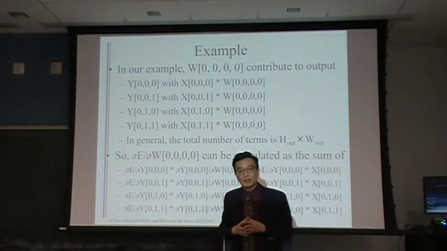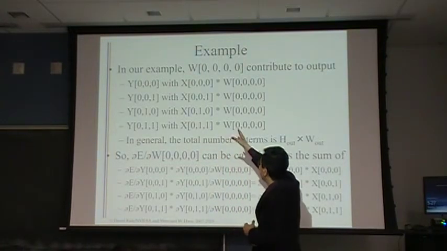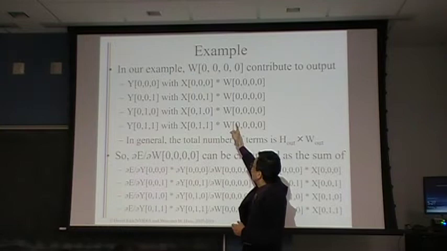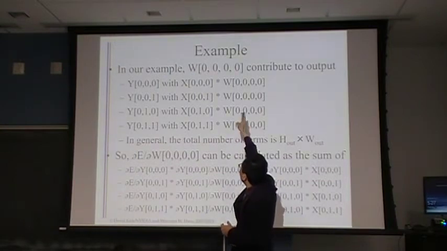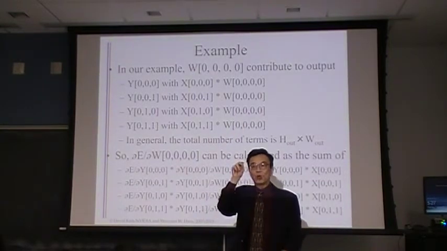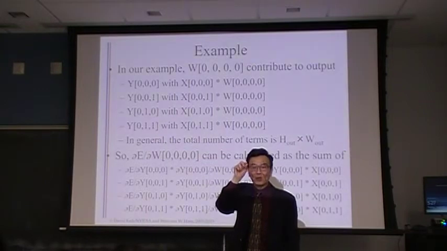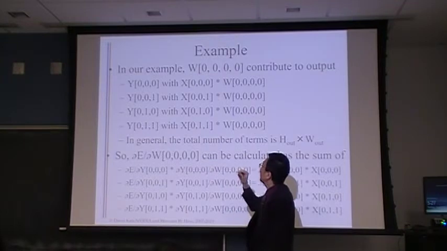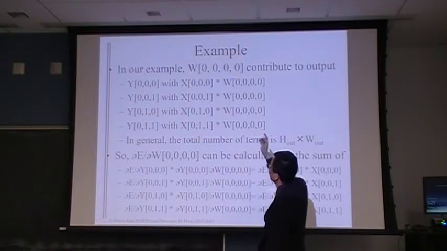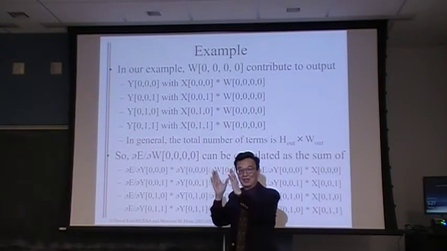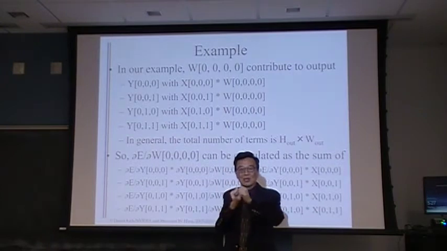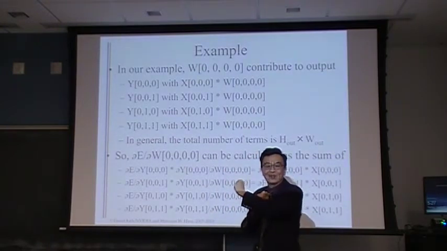I also know that during convolution, w00, the last two zeros tell me that it's the upper corner element of the filter. And that's going to be multiplied with x00 and contribute to y00.